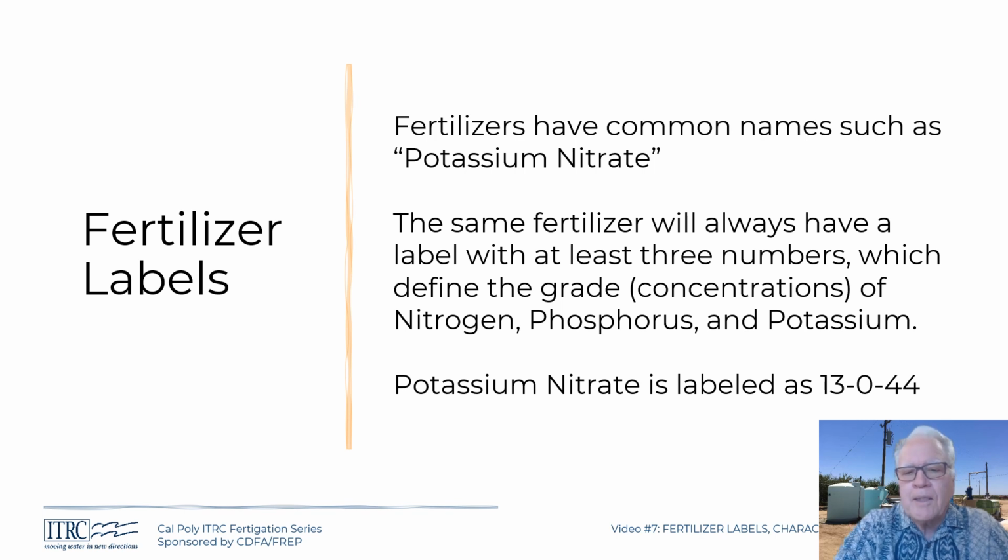And farmers may actually be more familiar with that type of terminology. Anyway, when you have a fertilizer like potassium nitrate, it will always have these numbers associated with it, and the numbers are related to the concentration of nitrogen, phosphorus, and potassium. But there's a little trick to that because it's not quite the way it seems, and I'll show you in the next slides.